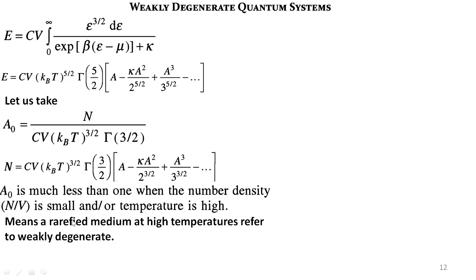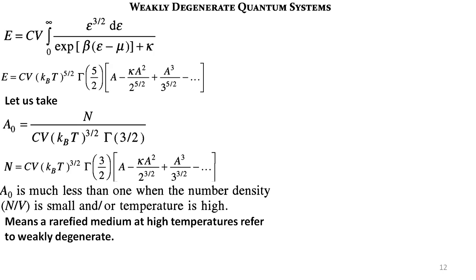So this means that a rarefied medium, rarefied means n over v is very small, at high temperature, would refer to a weakly degenerate system. So we are talking about weakly degenerate quantum systems. What is the definition of weakly degenerate quantum systems? Those are the systems which are rarefied, meaning particles are far away from each other, though not as far away as in exactly classical systems.